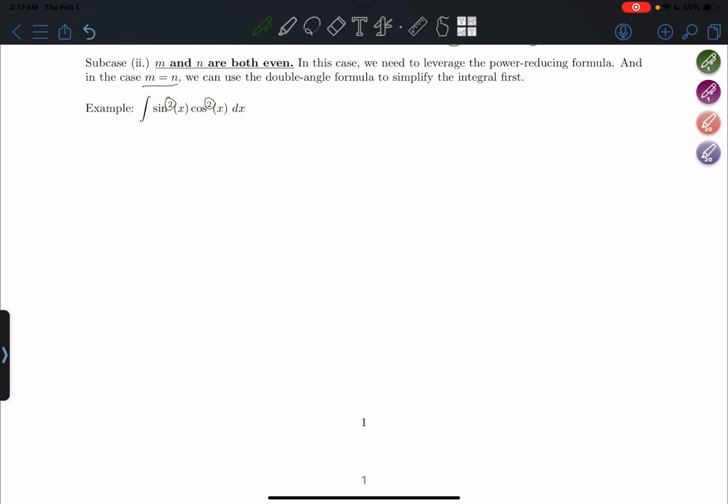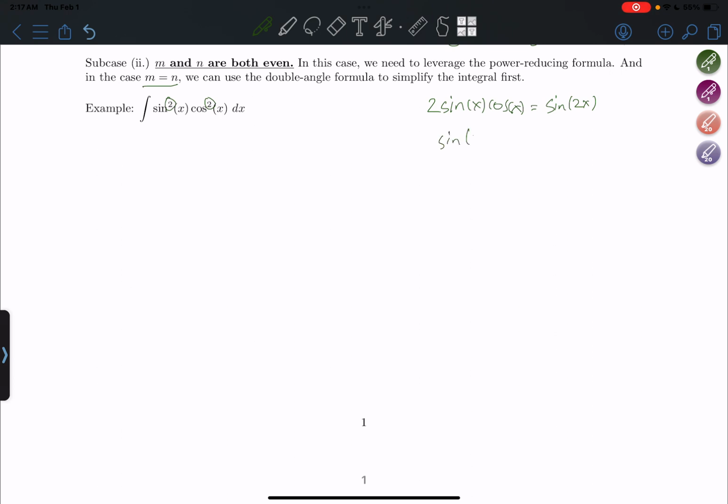I guess it's worth writing this down here. Let me write it on the side here. We recall that 2 sine x cosine x equals sine 2x, right? That's the double angle formula for sine. So all I have to do here is divide 2 on both sides.